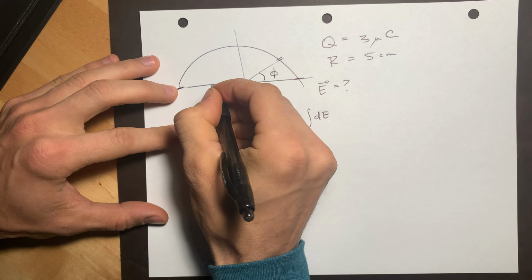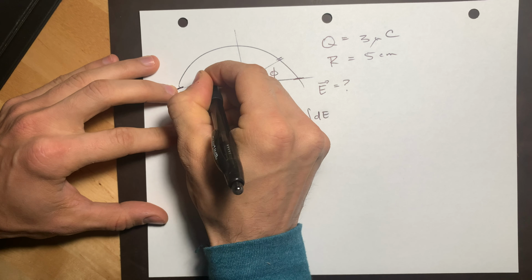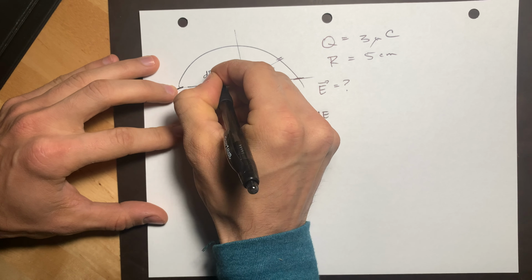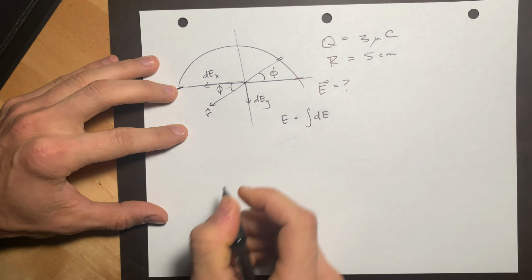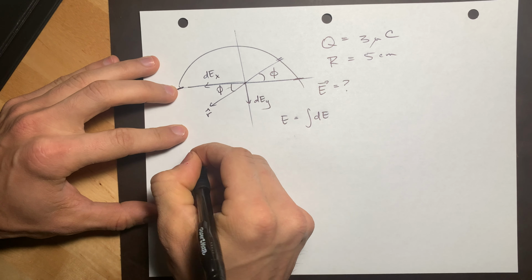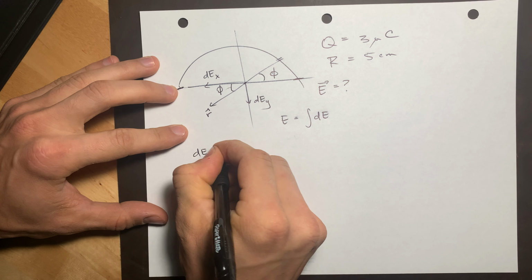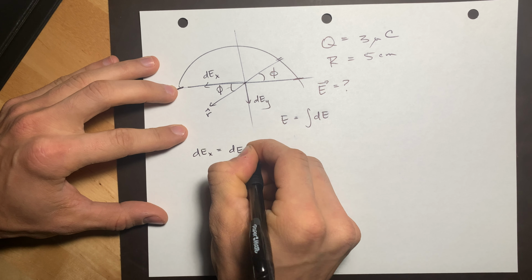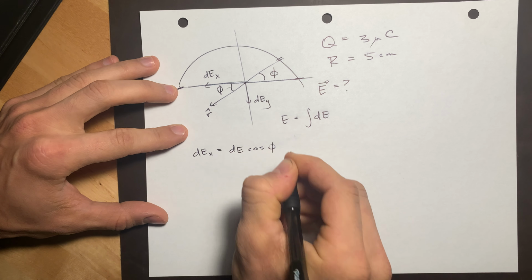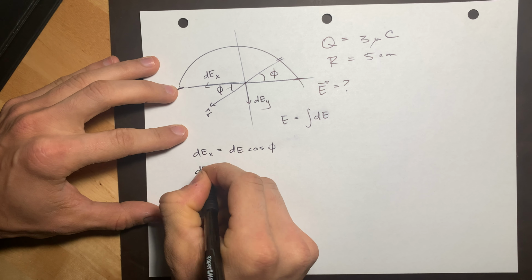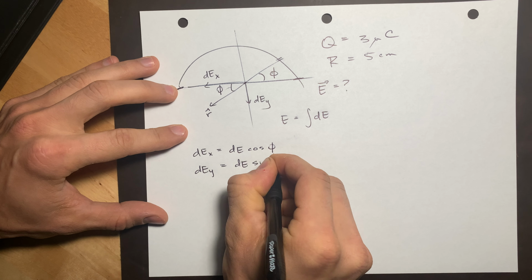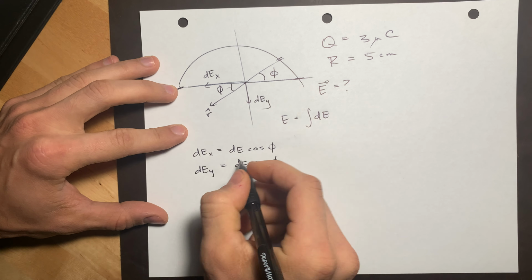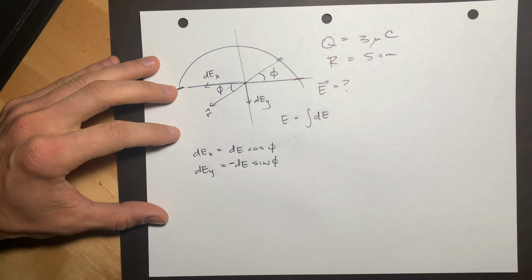The components would say this is dE x and this is dE y. And trig says that dEx is equal to dE times cosine phi, and dEy is dE sine phi, but it's going in the negative direction. So let's just put a negative sign in front of that.